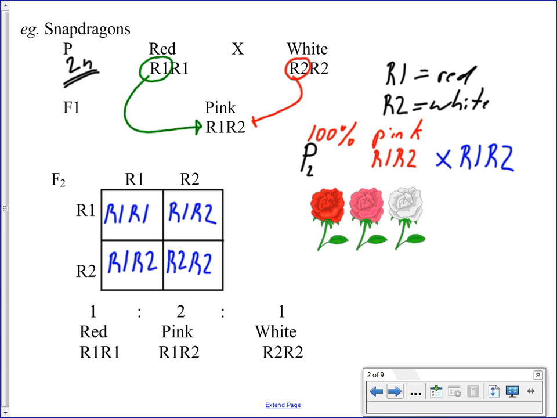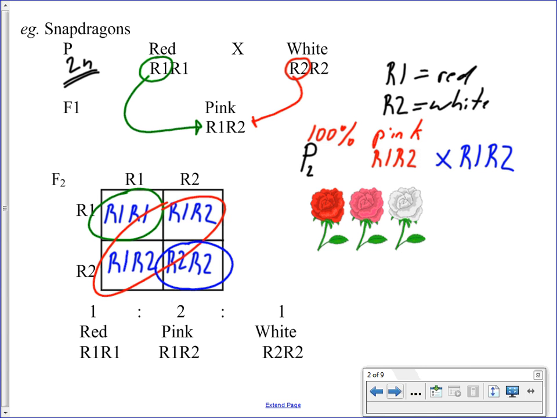What this says is, based on probability, out of the 4 squares that we have, one of them will be homozygous for the R1 allele, 2 of them will be heterozygous, and the last one is going to be homozygous for the R2 allele.